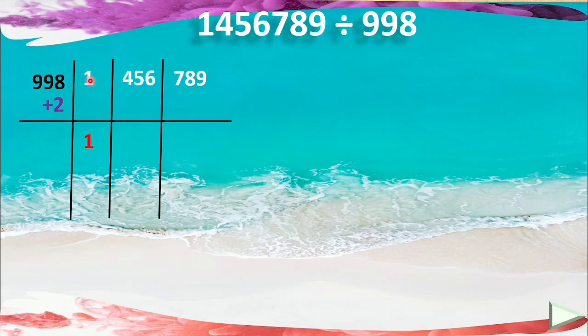So write down 2 and write 1 from the top as it is. Now multiply, 2 ones are 2, and after adding, the result is 458. 458 twos are 916, and after adding, 1705 is the result. As in 1705 there are 4 digits, so let's divide it also by 998.